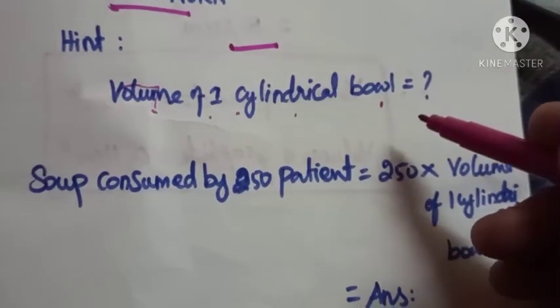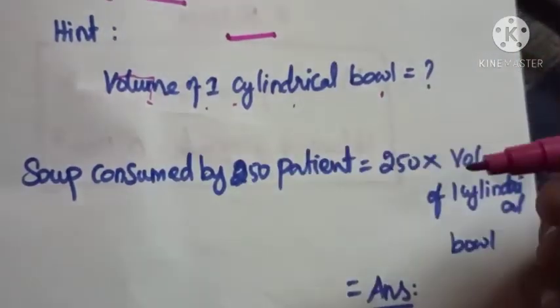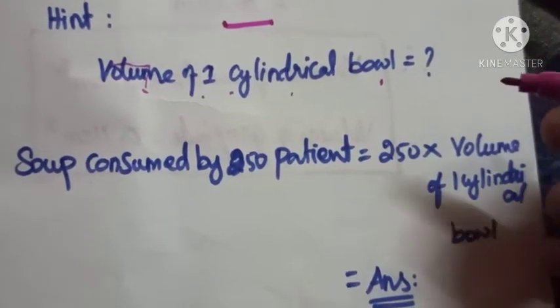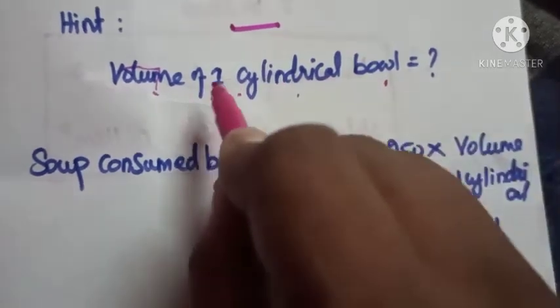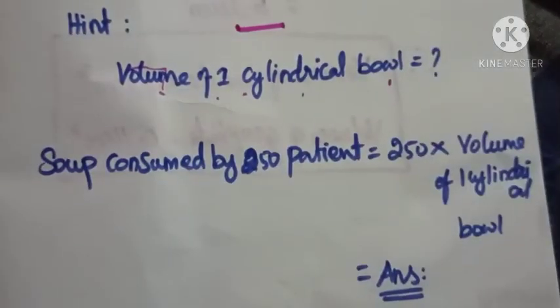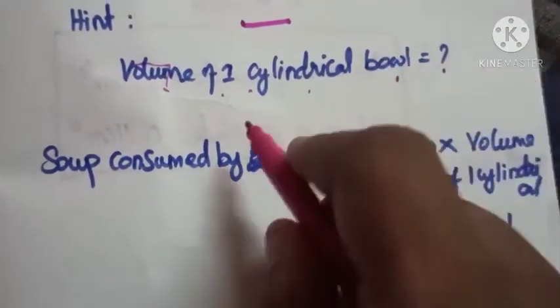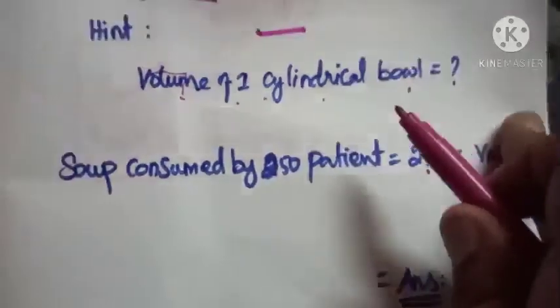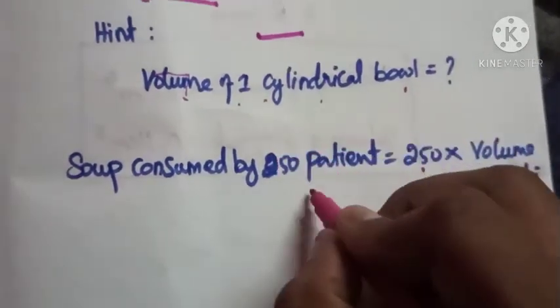We need to give soup to each patient per day. They have given the measurements of the bowl. You must find the volume of one cylindrical bowl. Next you multiply with 250, and you get the required soup consumed by 250 patients per day.